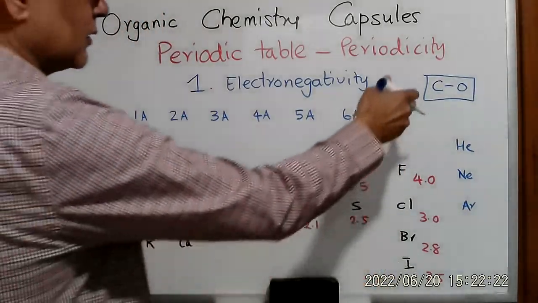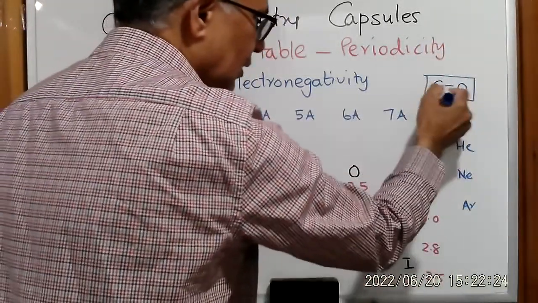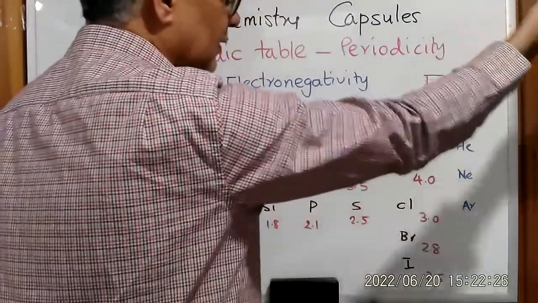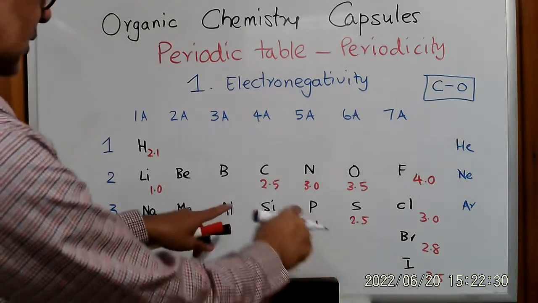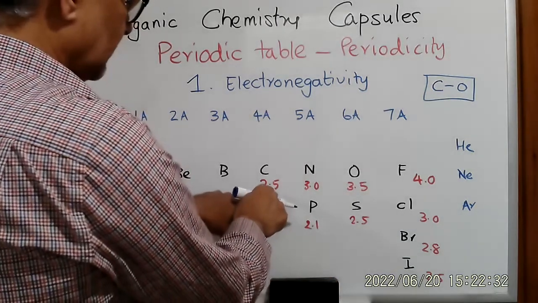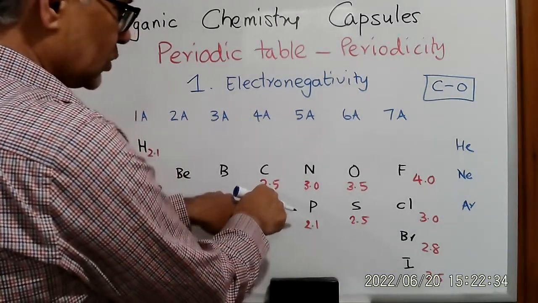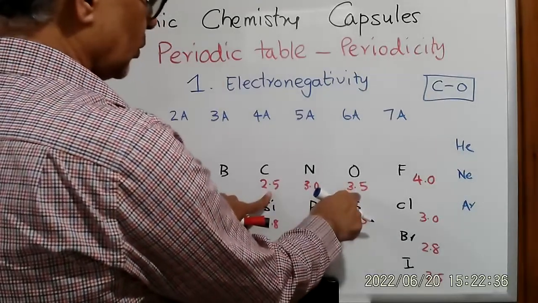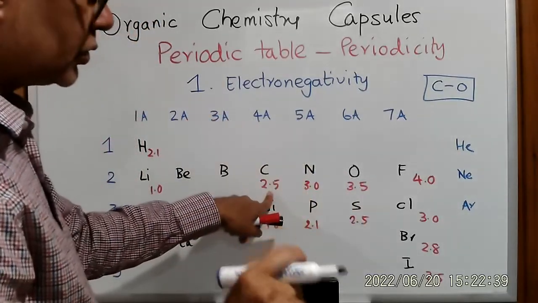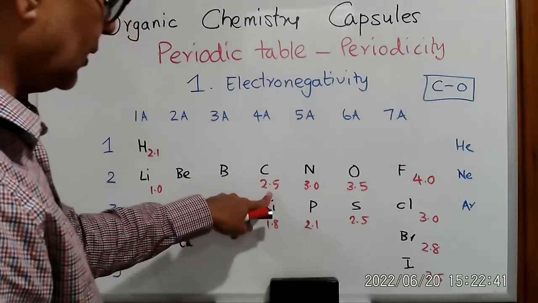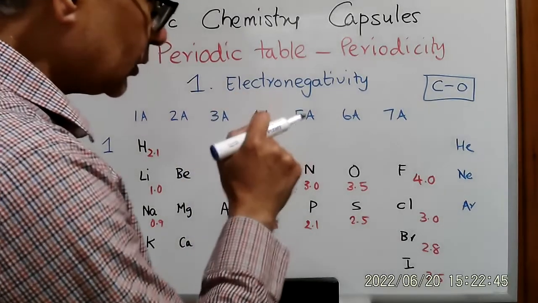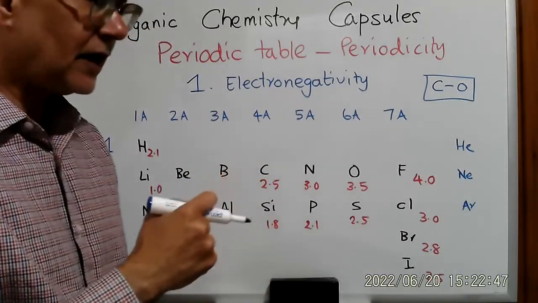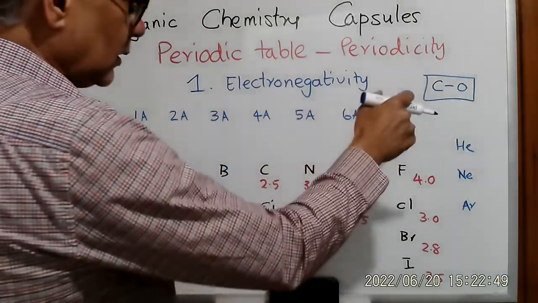It has all other things, but we're just focusing on carbon oxygen, so we omitted everything else. If you look at these numbers here, carbon electronegativity is 2.5, oxygen is 3.5, meaning oxygen is more electronegative than carbon.